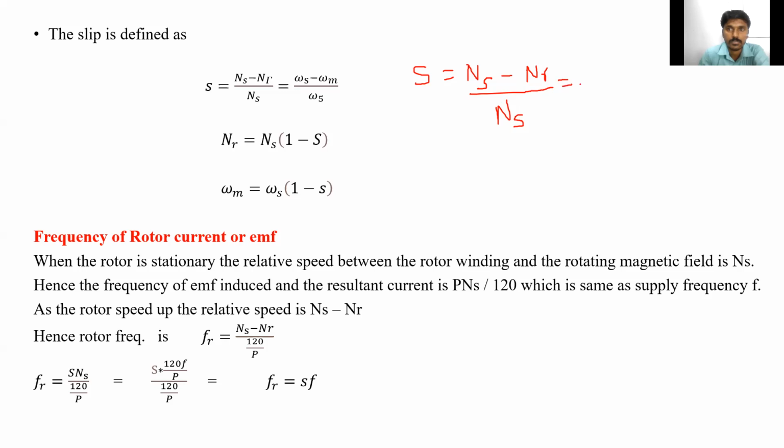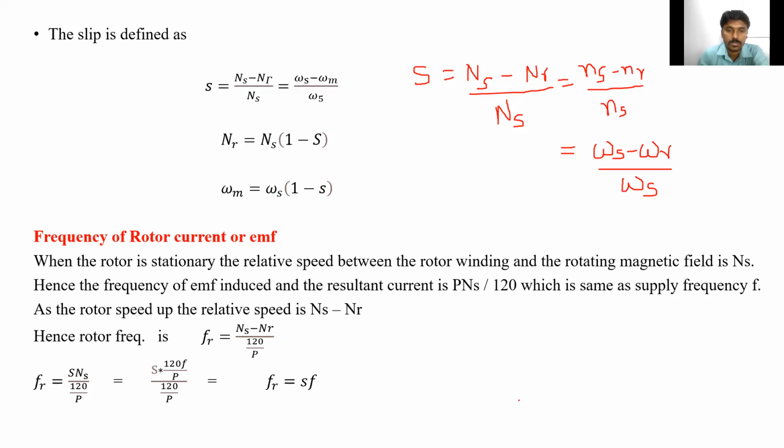Also, if you want to write this equation in rotations per second, we can write small ns minus small nr upon small ns. Also we can write this equation in radians per second, omega s minus omega r upon omega s. Okay, so these are the formulas for finding the slip.